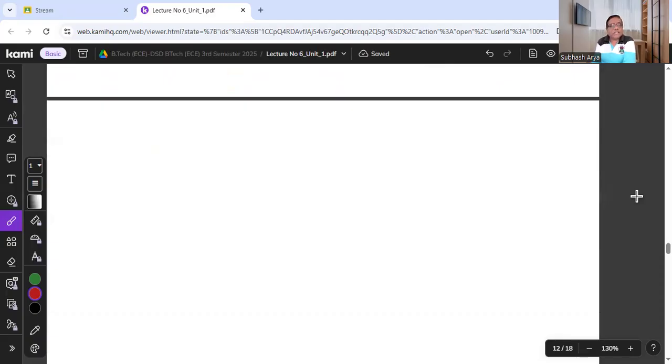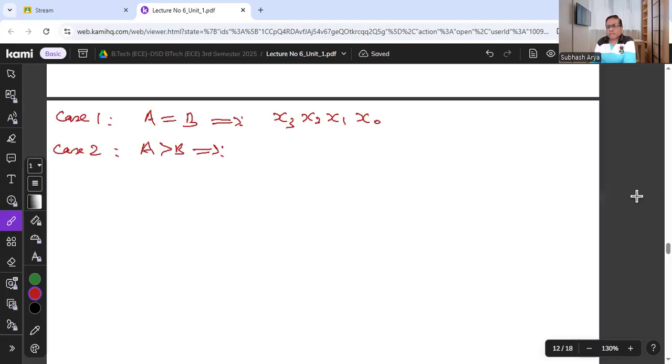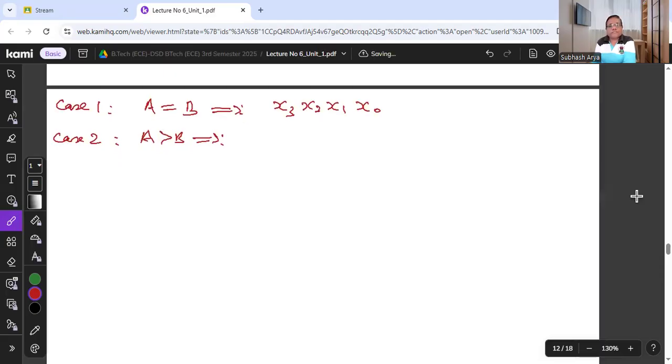So we have seen that for the equal condition, case 1, A is equal to B, we have X3, X2, X1, X0. Case 2, A is greater than B. For that purpose, what is the Boolean expression? Let us write here.